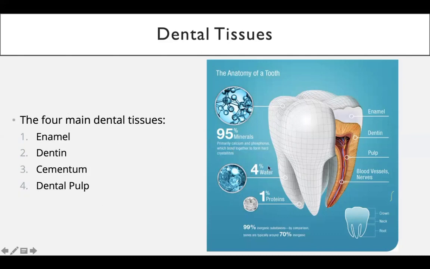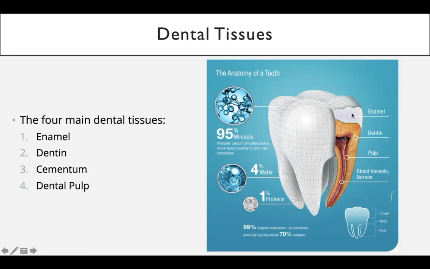In the anatomy of the tooth, 95% is minerals, calcium and phosphorus, which is why it looks white, bonded together to form hard crystallites. In reality we don't have 95% because of decay, 4% water, and 1% protein, since we drink cola every day.